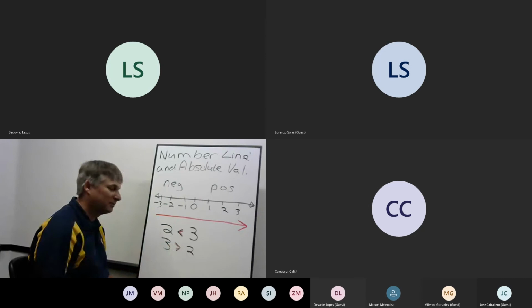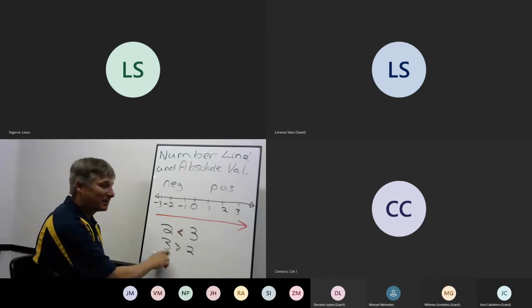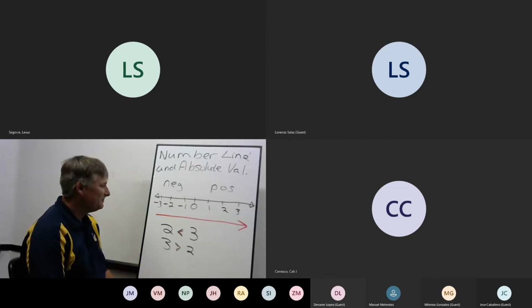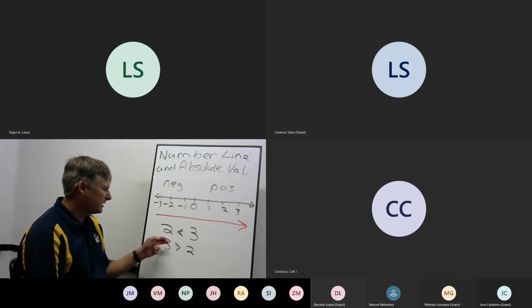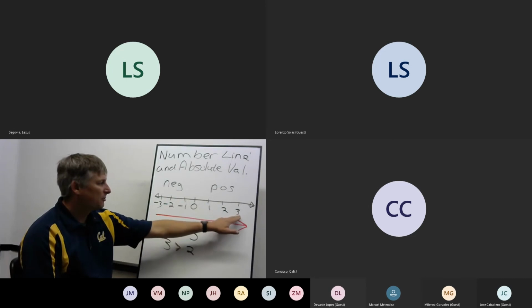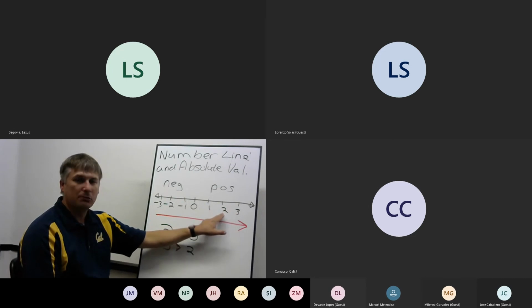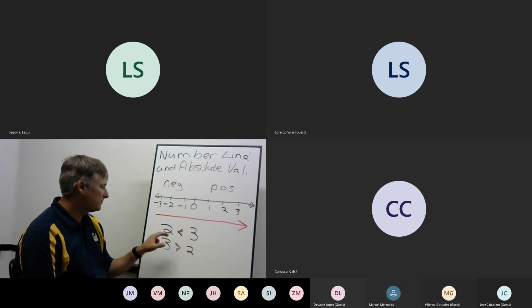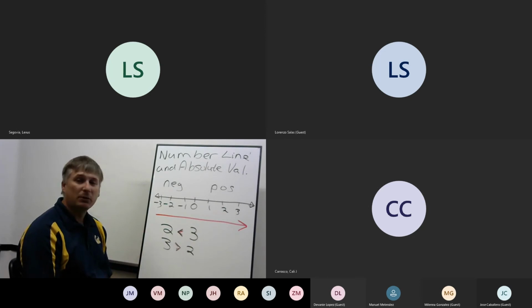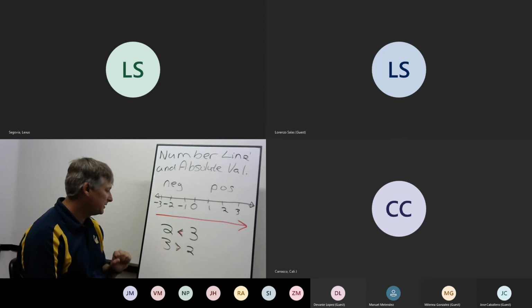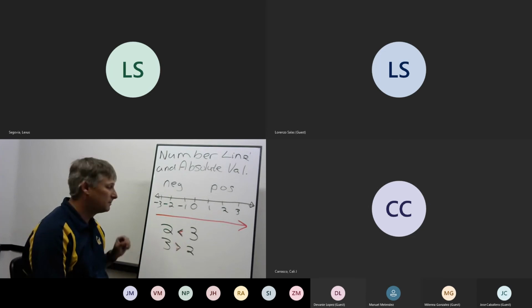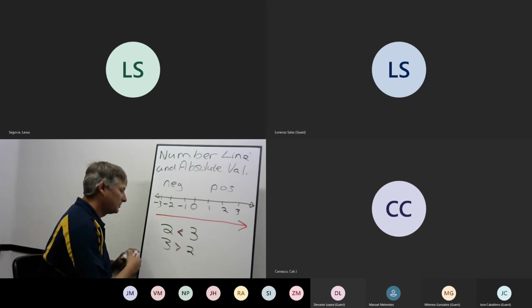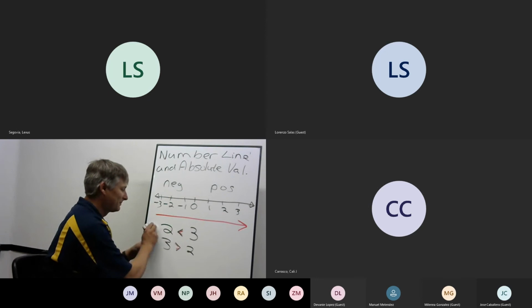Remember my teacher always put little teeth in there to remind us that it's eating the bigger number. Now, when I talk about left and right, I mean on the number line. 3 is to the right of 2 on the number line. So that means 3 is greater than 2. Or 2 is less than 3, or 3 is greater than 2. And again, we get this interpretation from the number line.